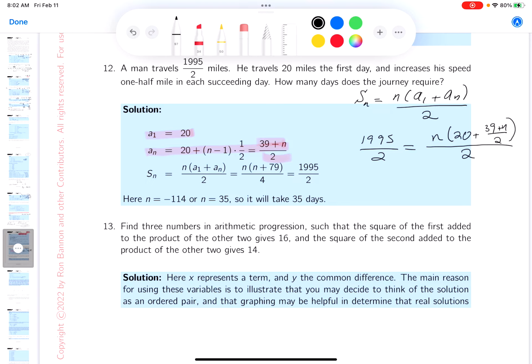I'm going to multiply both sides by 2, and you get this. You get 1995 equals N times, well, I'm going to need a common denominator now, and that would be 2. All right? And what would you get there? You get 40 and 39, which is 79, plus N.